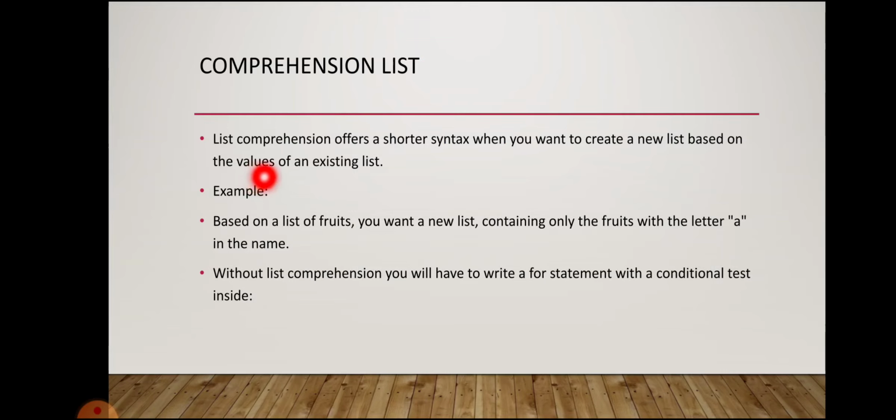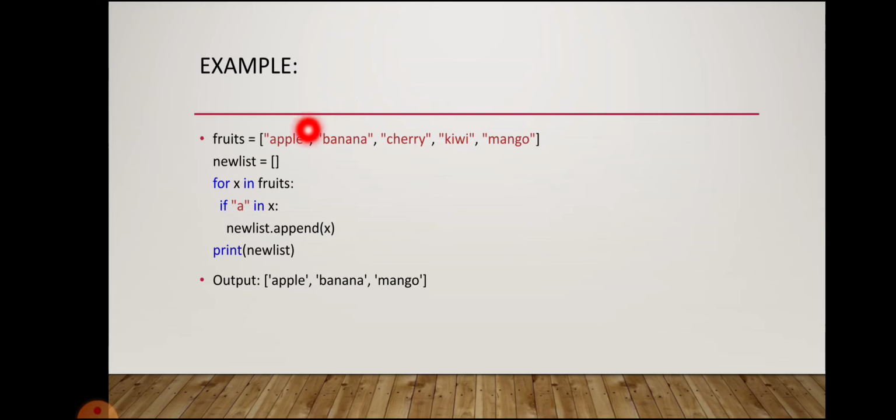List comprehension. List comprehensions offer a shorter syntax when you want to create a new list based on the values of an existing list. For example, if a list contains fruits, you want a new list containing only the fruits with the letter A in the name. Without list comprehension, we need to write a for statement with a conditional test inside: fruits are apple, banana, cherry, kiwi, mango.